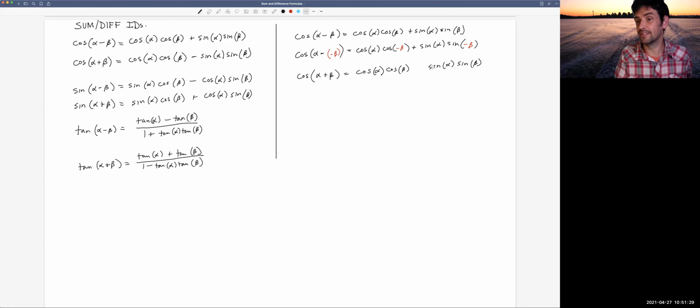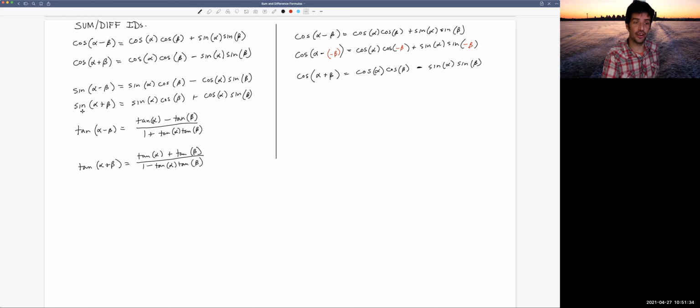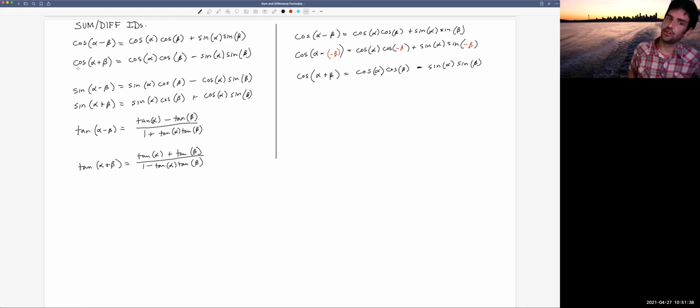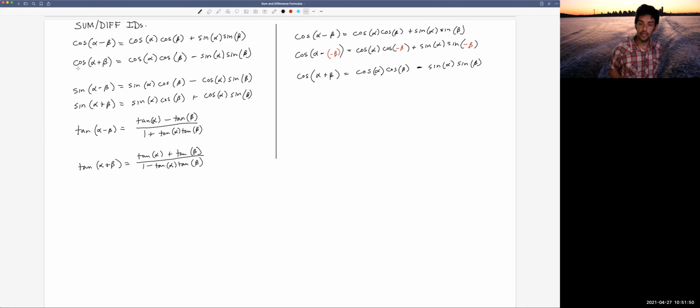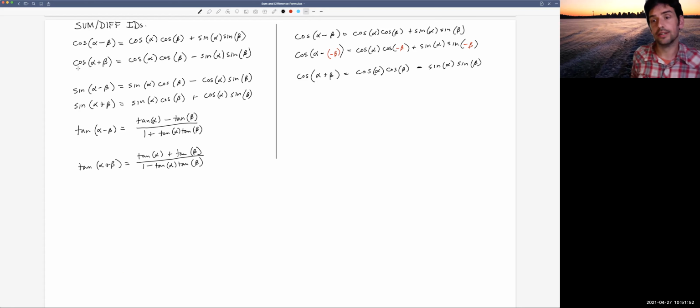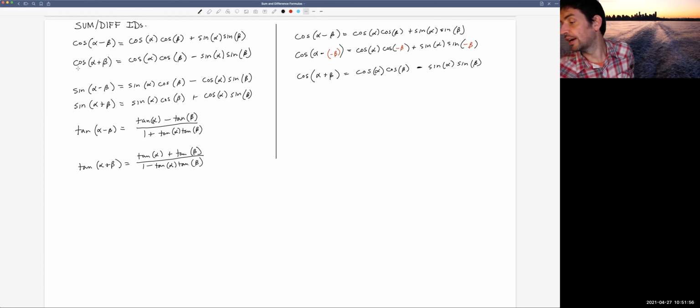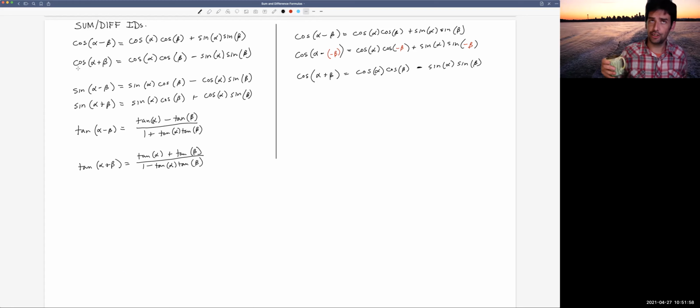In other words, that negative can slip out and we pull it to the front to get a minus right there. And there's our addition formula. The same thing happens with all these other ones. If you know it for one of them, as long as you remember the even and odd ideas around cosine and sine and tangent, you can discover the other ones easily. So there's really only 3 of them, and then the negatives work out the way that they should.